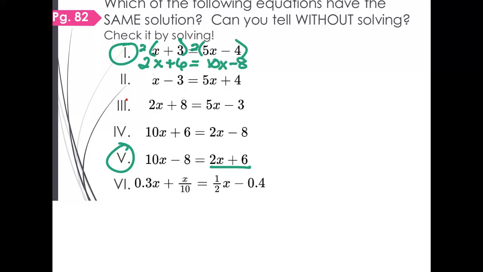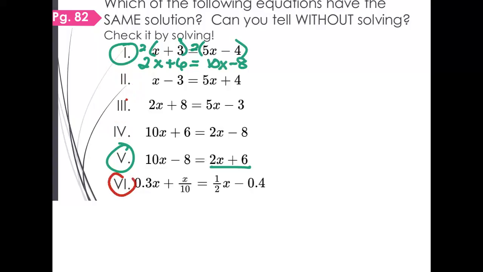If you double 5x minus 3, you would get 10x minus 6. You say 2 and 4? I'm trying to look. Where is it 2 and 4? I see the 5x plus 4, but I don't think that's doubled.